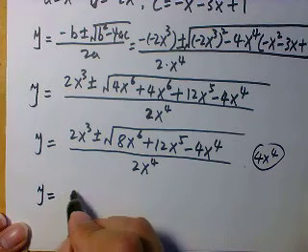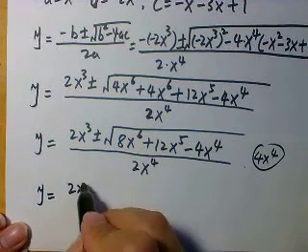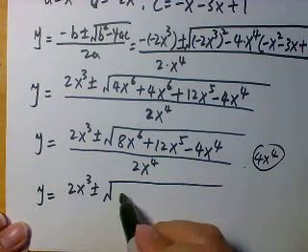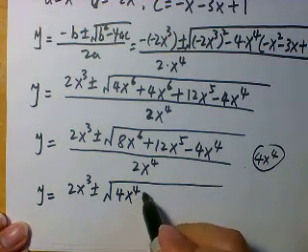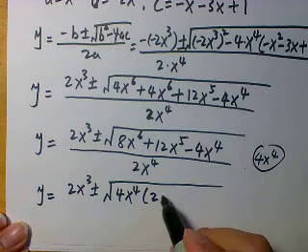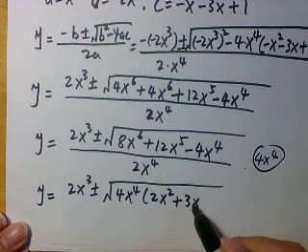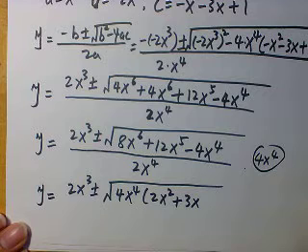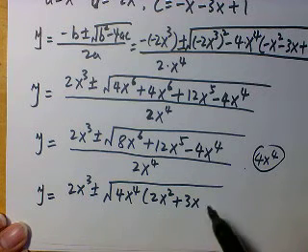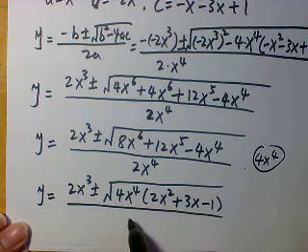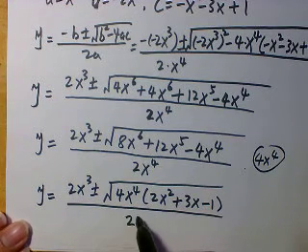We factor that term, and there will be 2x squared plus 3x minus 1, divided by 2x to the power 4.